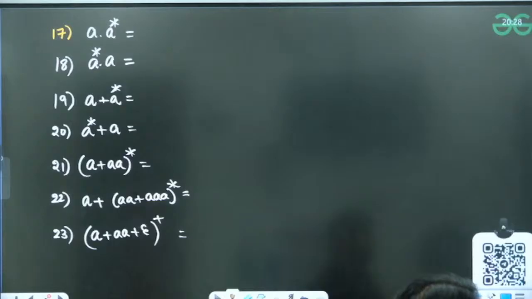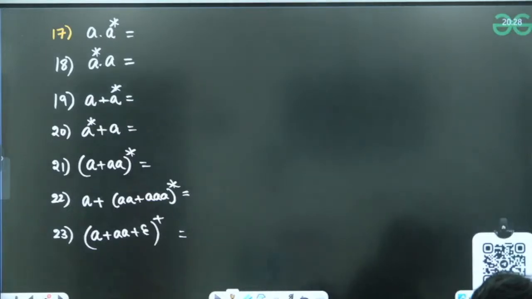Then it's also A. 19, how come A plus? Did I write A star dot A or A star plus?